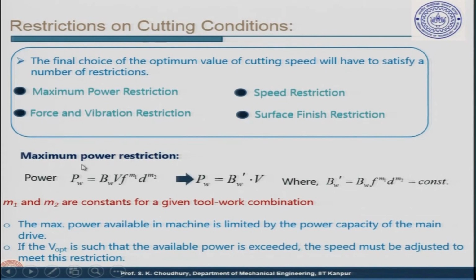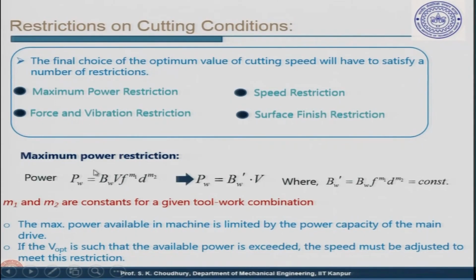For example, if it is the maximum power restriction, the maximum power can be found out by this equation. This is the empirical relationship of the power that is given by the constant Bw, cutting speed, then the feed to the power m1 which is constant, and depth of cut to the power m2 which is constant.